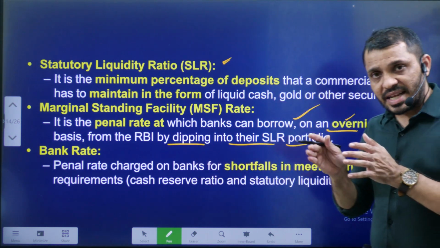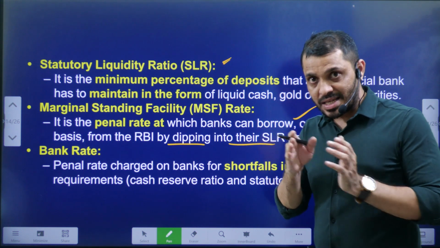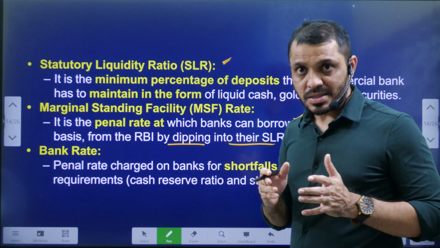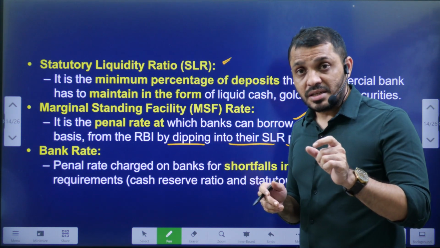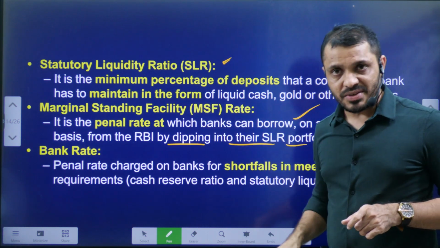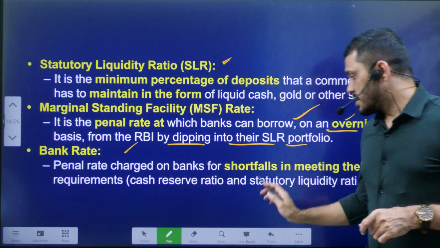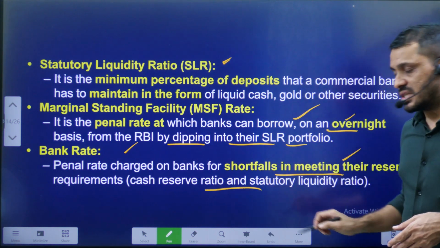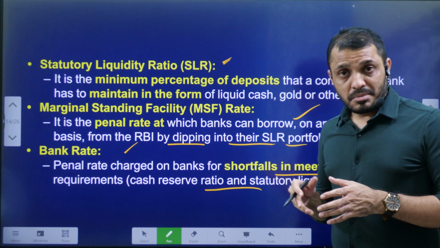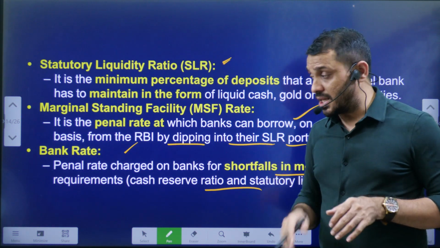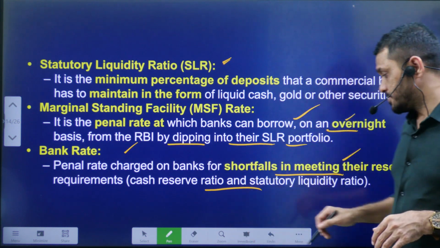When they are unable to maintain the SLR, they have to borrow money from other banks, and the penalty rate imposed on that bank is the marginal standing facility. Bank rate: when a bank is unable to maintain its cash reserve ratio, then the bank has to borrow money at penalty rates. The penalty rate is the bank rate.